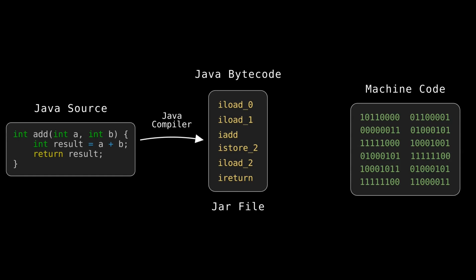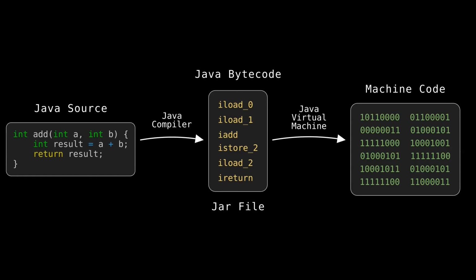This bytecode is composed of low-level instructions like load a value from memory, add two values together, store the result in memory, etc. When you need to execute the bytecode contained in a jar file to actually run the program, you have the Java virtual machine that will read this bytecode and translate the instructions into binaries that can be executed on your computer. This is how you can have the same jar file for Linux and Windows. The intermediate representation is the same, but the translation is done differently depending on where you execute the program.